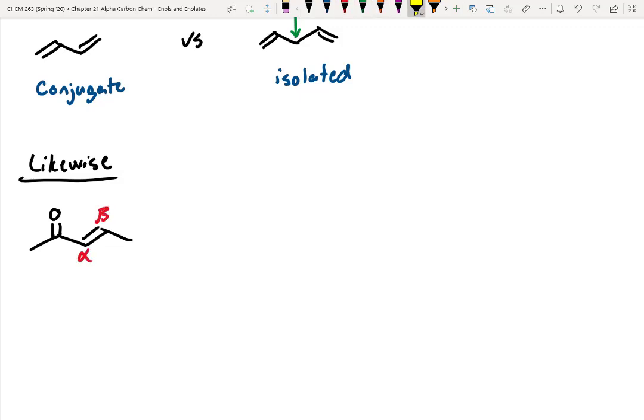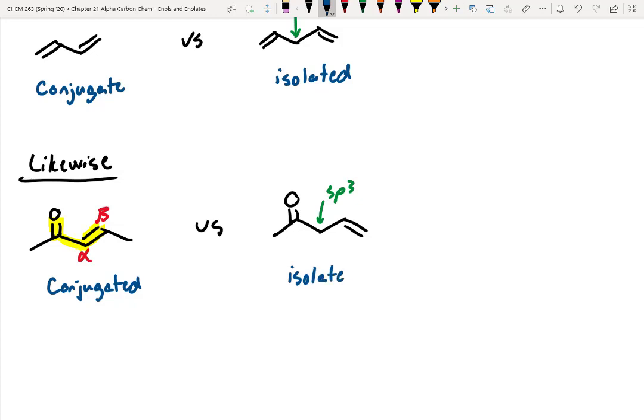So in this case, we've got a double, single, double bond right here. So this too would be conjugated. Versus some other ketone, like this would not be conjugated because just like above, we've got an sp3 carbon in between. So this would just be called an isolated system.